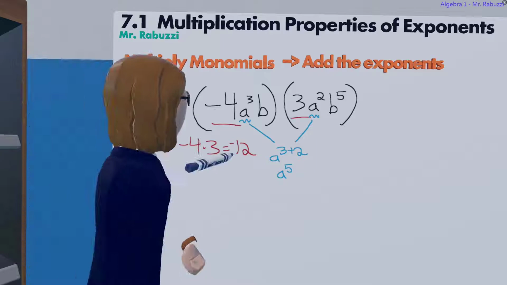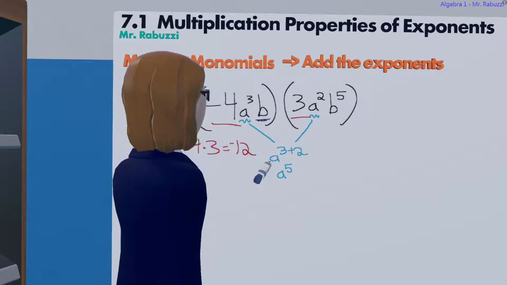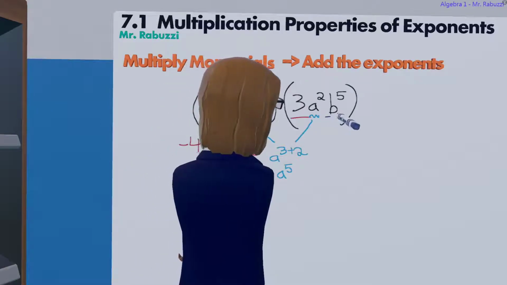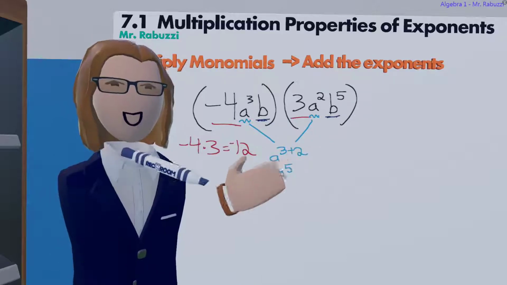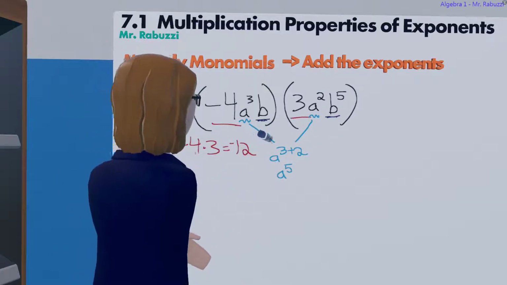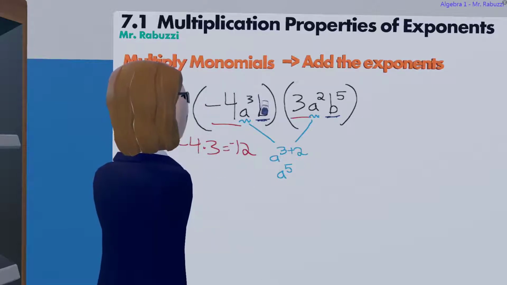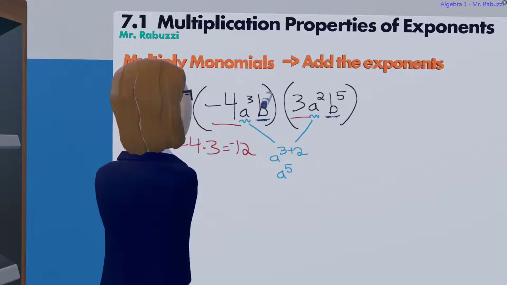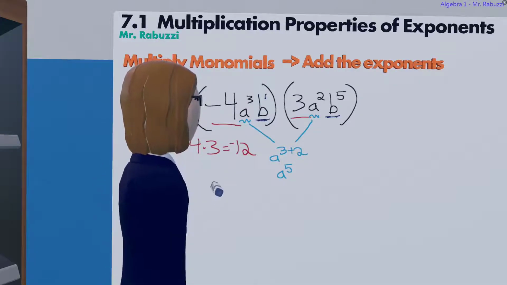Now look, we have another base. We have this b, and we have a b. So these have the same base letter, b and b. They can multiply together. So let's do it. b, what? Hold on. This b has no exponent, right? If there's no exponent, we can put a 1. It always has a 1.